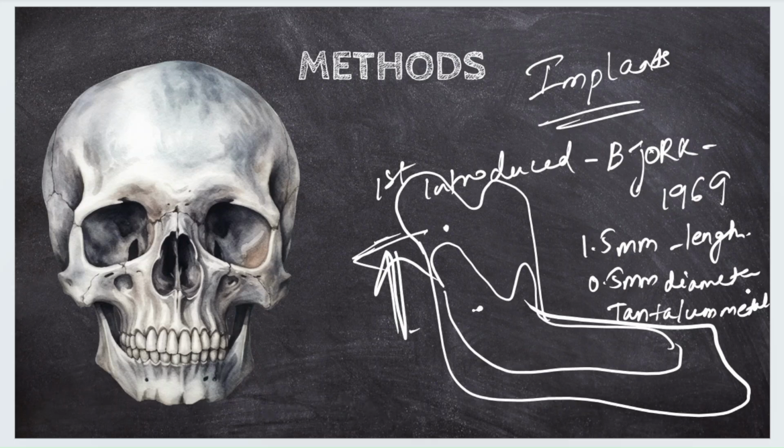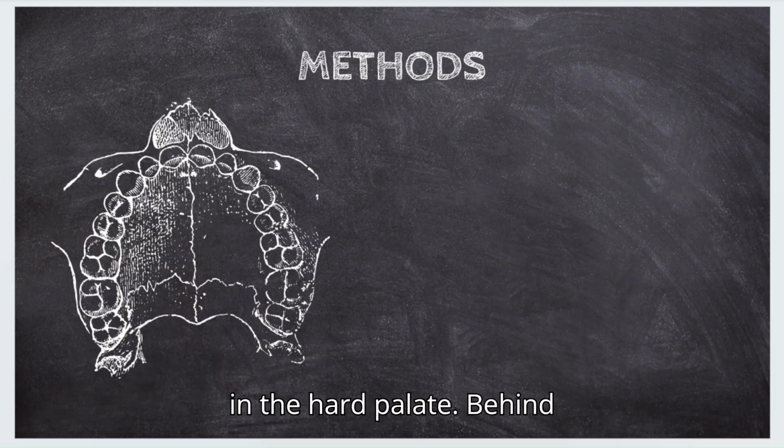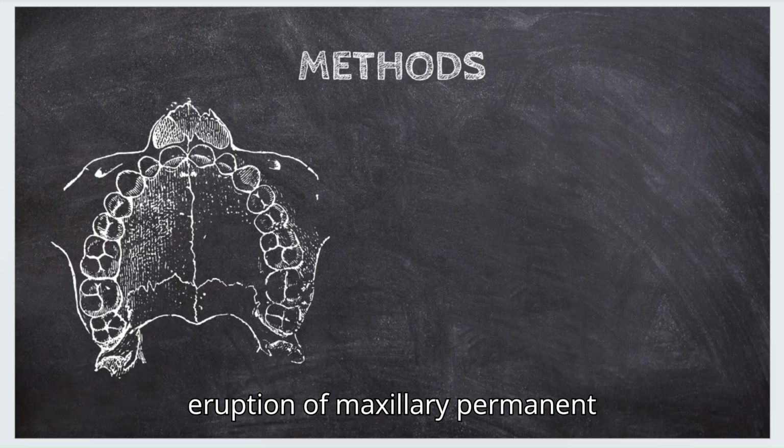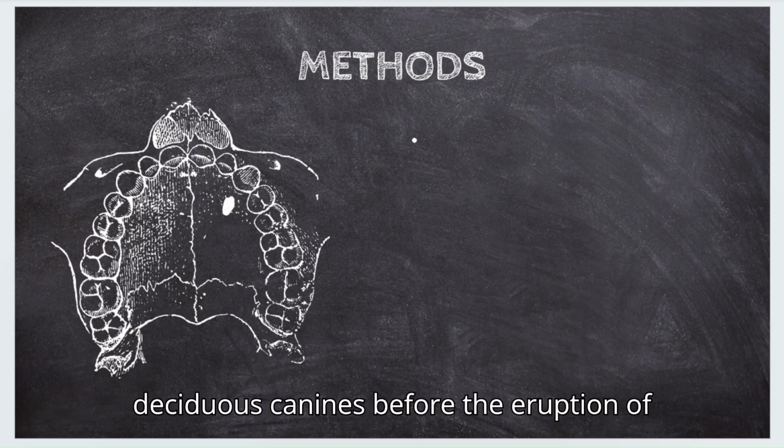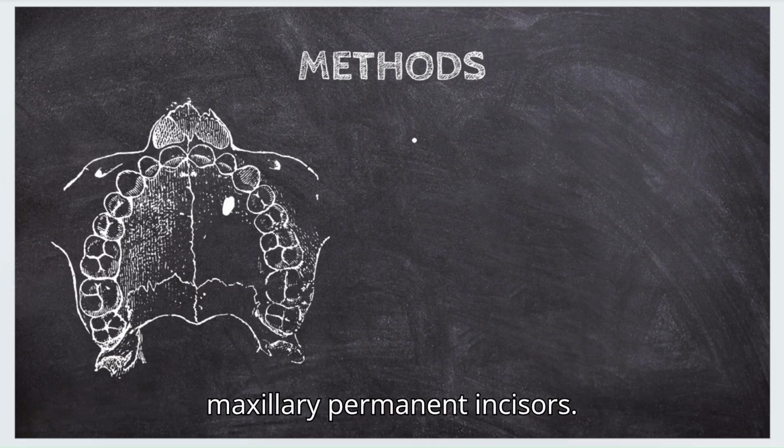First is in the maxilla, in the hard palate, behind the deciduous canines, prior to eruption of the maxillary permanent incisors. Just behind the, here, in the hard palate, behind the deciduous canines before the eruption of maxillary permanent incisors.